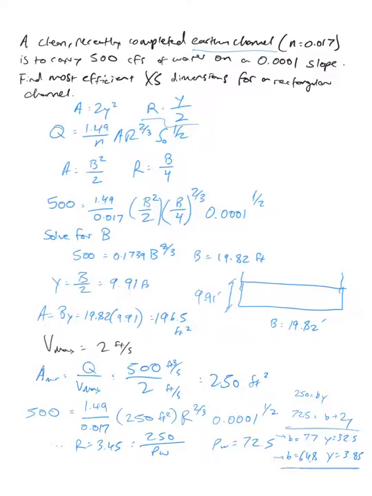And the distance is the distance of travel. It's not the distance sort of as the crow flies. So if you needed to shallow up the slope, you could kind of snake your channel around, add length to it without changing the vertical drop, and so you'd be shallowing up your slope a little bit.